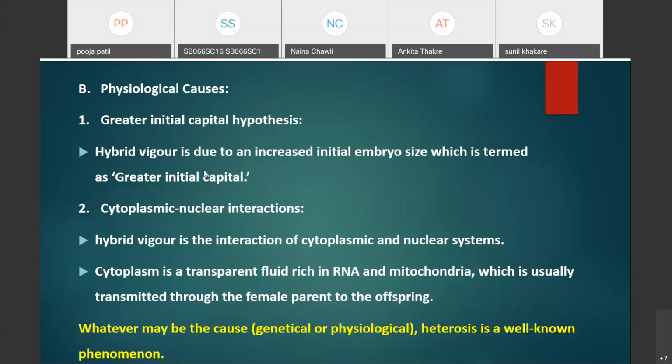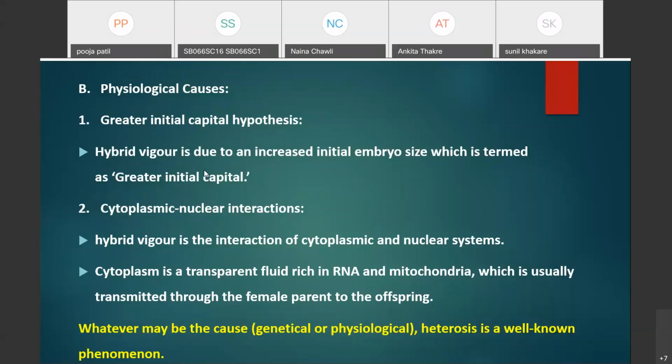We have discussed the genetic causes and the physiological causes which may be responsible for heterosis or hybrid vigor. But whatever may be the cause, genetical or physiological, heterosis is a well known phenomenon.